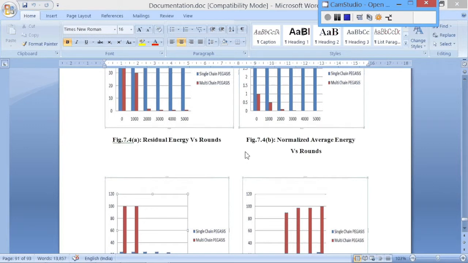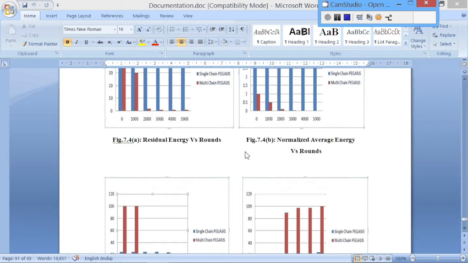in the entire process and in the entire simulation, which shows that in the multi-chain Pegasus protocol, due to the division of energy even among the chains that are formed, at every chain energy division takes place, due to which the energy consumed is less.